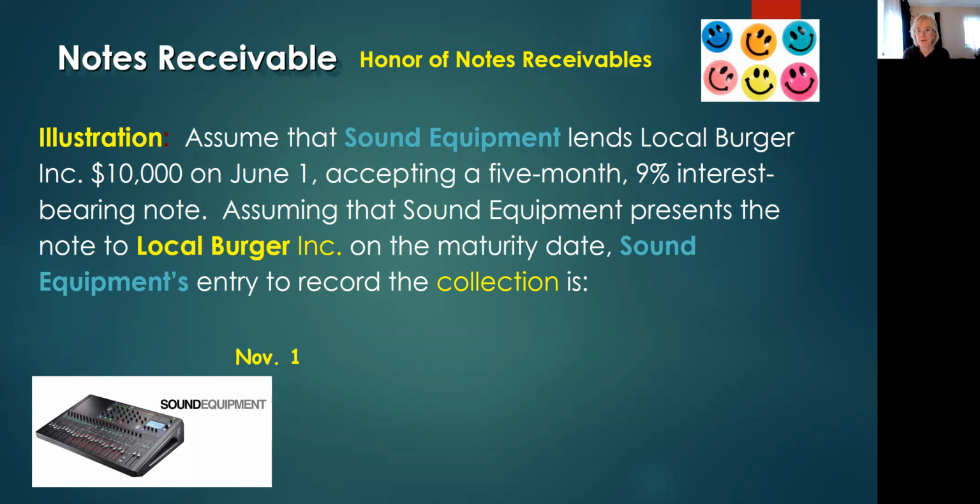Give me the journal entry. We just did a practice one at the top of the page. It's going to be the same journal entry, so tell me what it looks like with different dollar amounts. The note was for 10,000. It's 5 months, 9%. So take a second and set up that journal entry, or if you have questions, ask me.